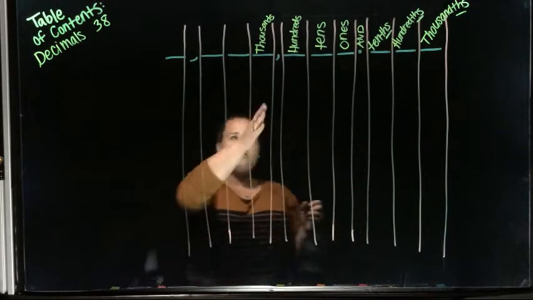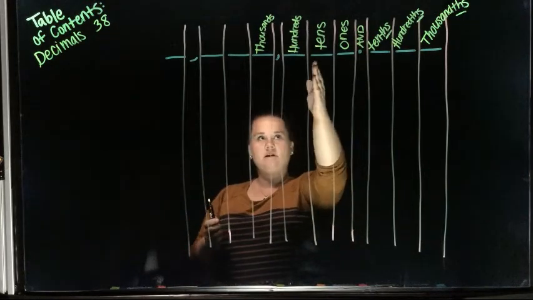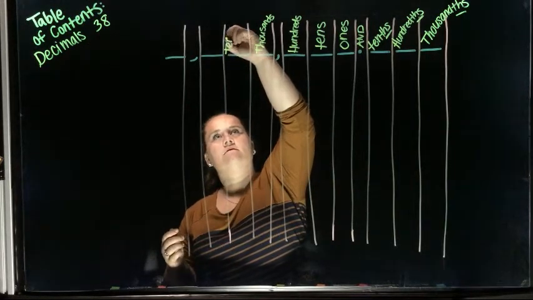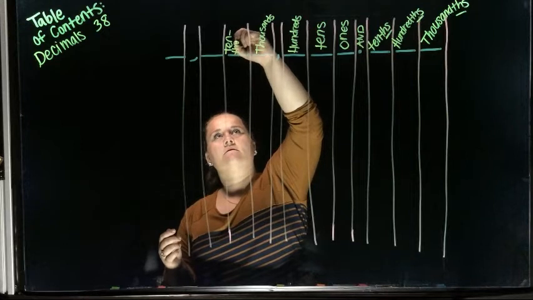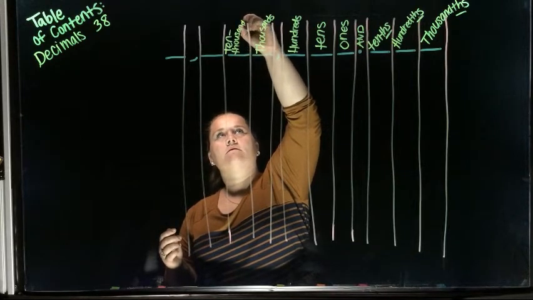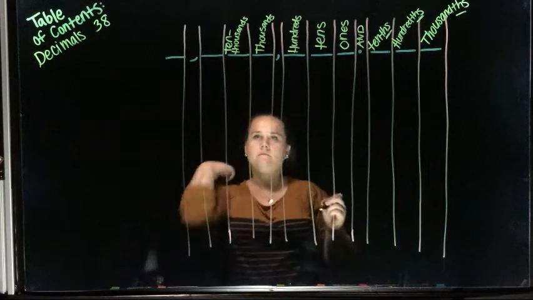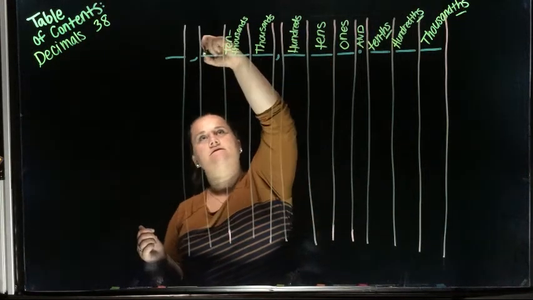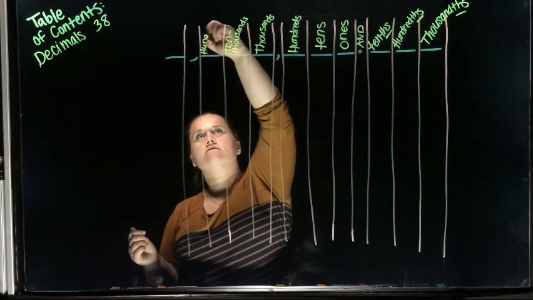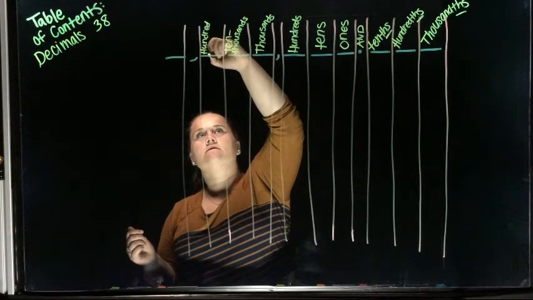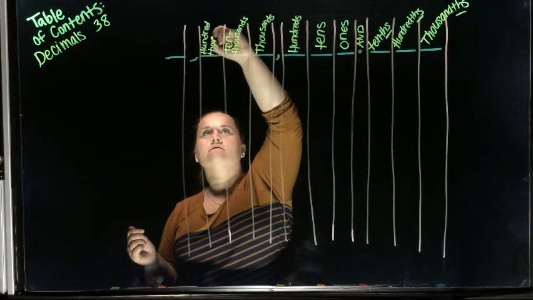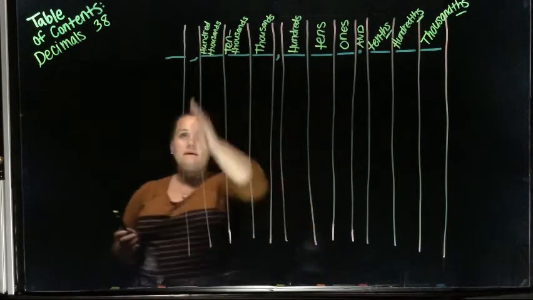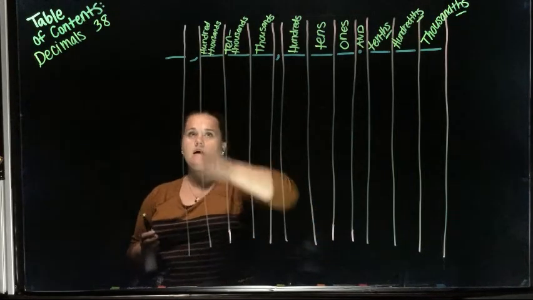After our thousands, we follow just like we did over here. So we have our 10,000s place, and then after our 10,000s, we have our 100,000s. Then we have another comma, so make sure you put that comma in there.